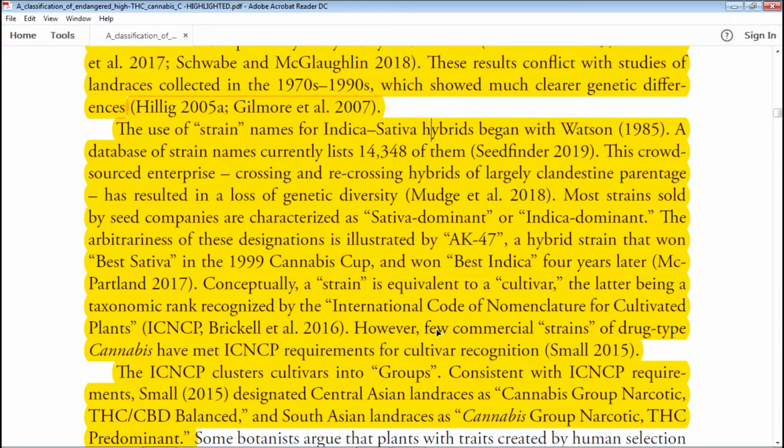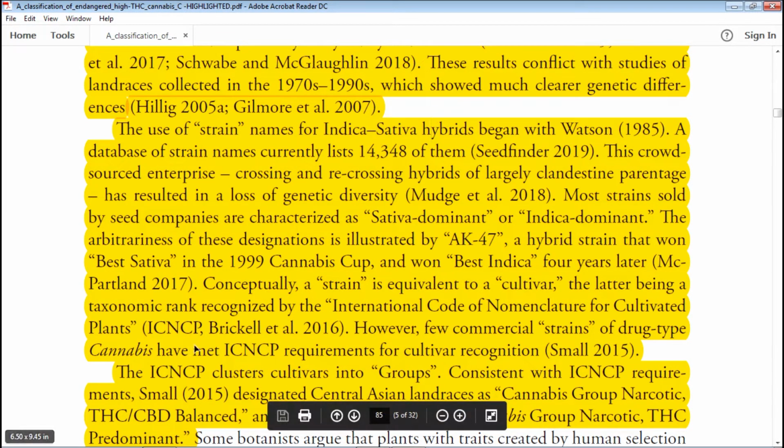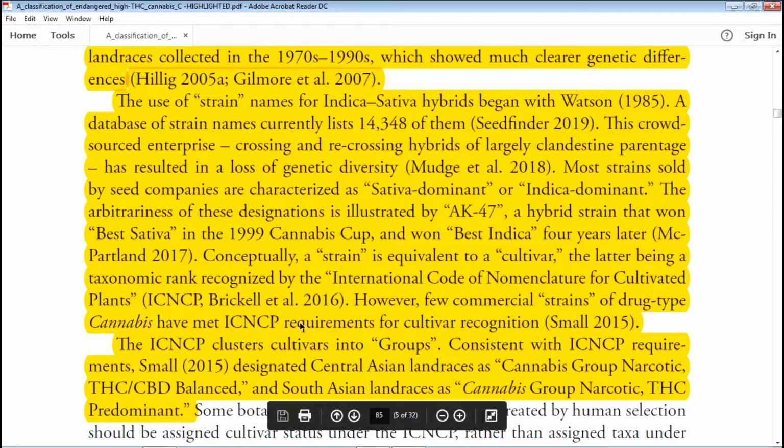However, few commercial strains of drug-type cannabis have met ICN-CP requirements for cultivar recognition. That's funny. I think that has to do with the whole barely even being bred thing.